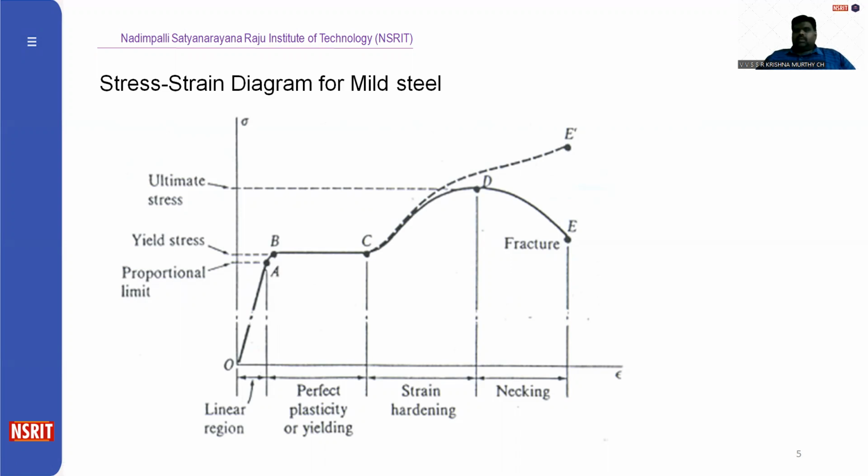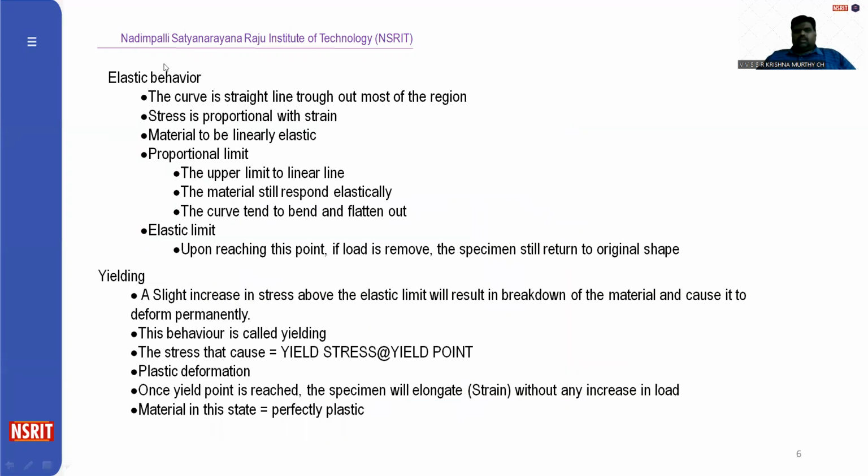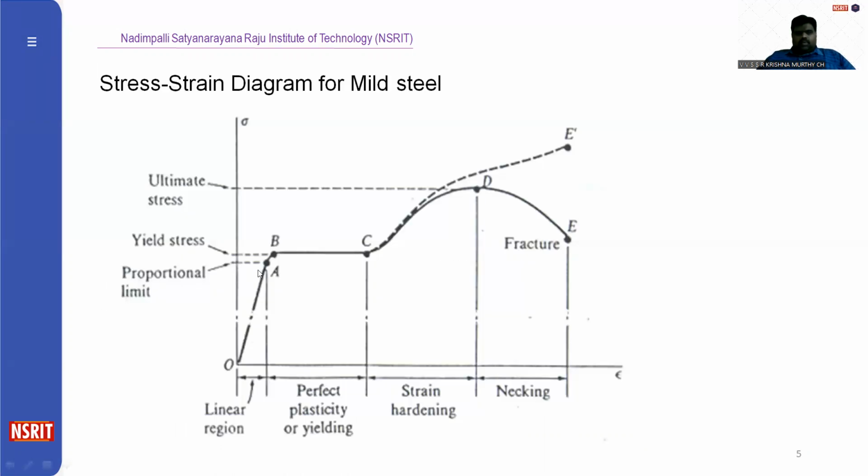Up to this limit, the stress is directly proportional to the applied strain. Up to this point is called elastic behavior, the curve is a straight line, and the material is elastic. This point is called the proportionality limit.